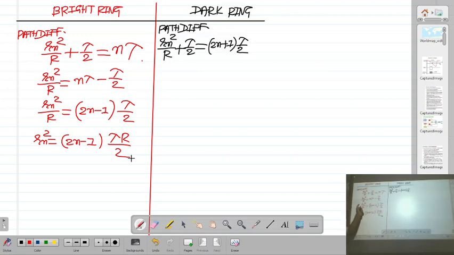So r square upon R is equal to (2n minus 1) lambda by 2, that is, r square is equal to (2n minus 1) lambda R by 2.